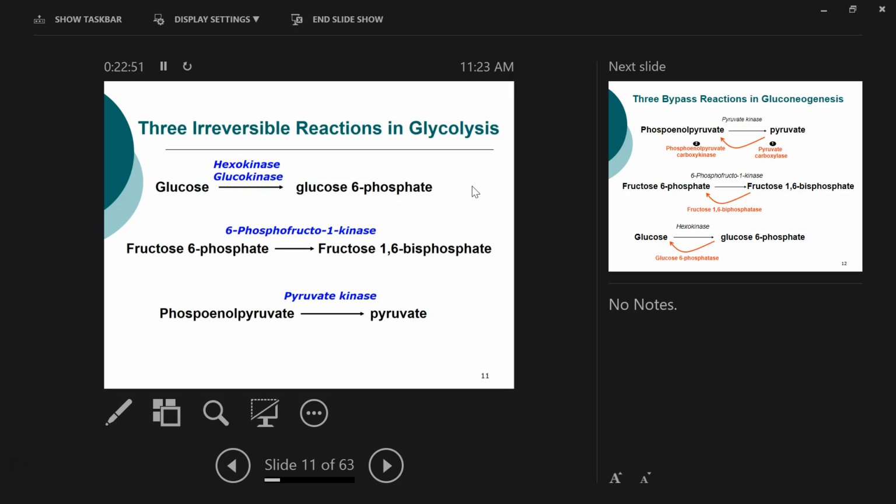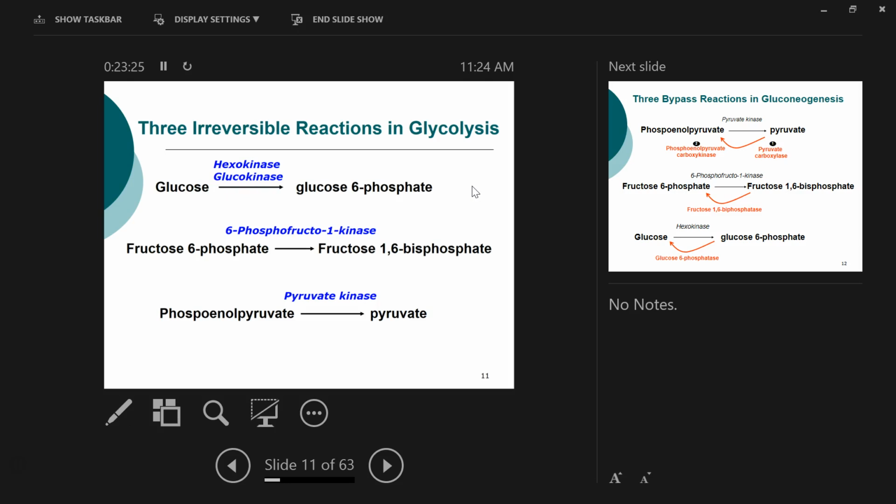Still remember, and then the second key reaction in glycolysis is fructose 6-phosphate converting to fructose 1,6-bisphosphate by this key enzyme, phosphofructokinase 1. And the last one is phosphoenolpyruvate converted to pyruvate by pyruvate kinase.